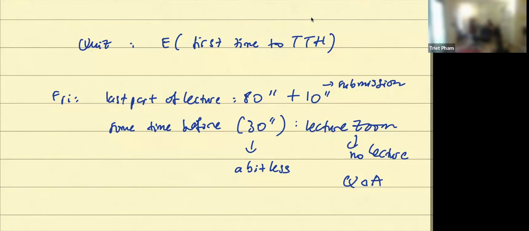Small things that can be fixed or clarified within 30 minutes or so. It's not mandatory. People tend not to even show up, and that's fine. If you don't show up, you just join the exam and do the exam on Friday.